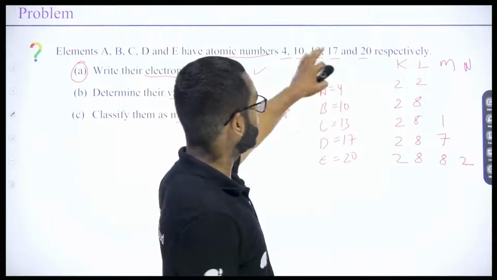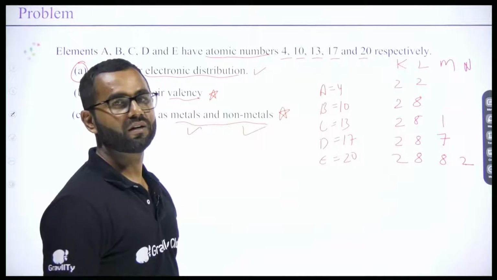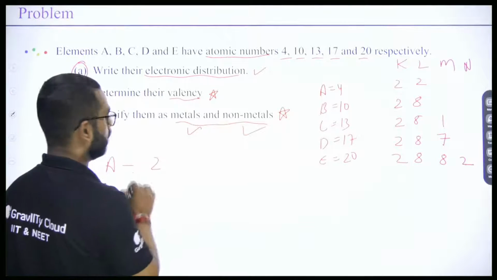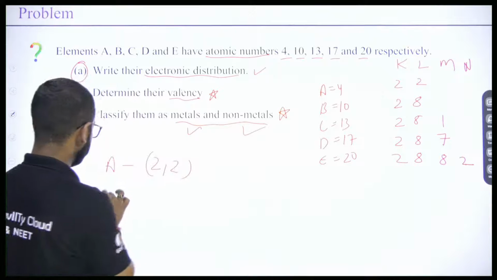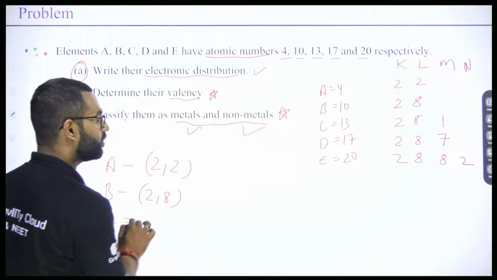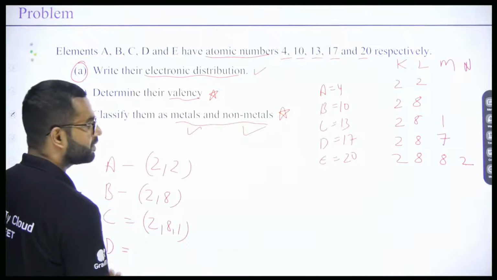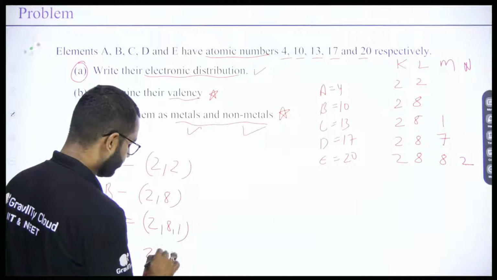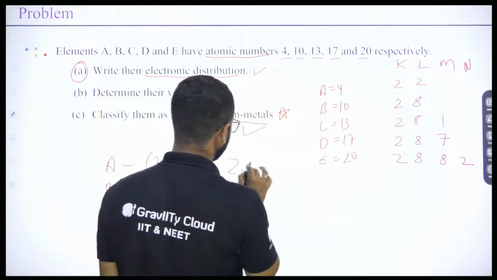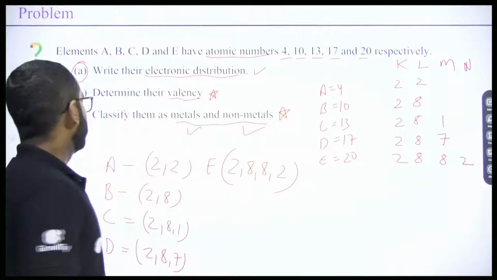This is the configuration of the elements. A we write as 2, 2. B as 2, 8. C as 2, 8, 1. D as 2, 8, 7. And E as 2, 8, 8, 2. Right? So first point is done.